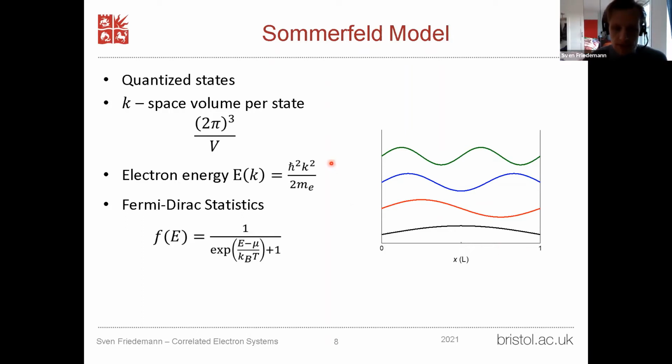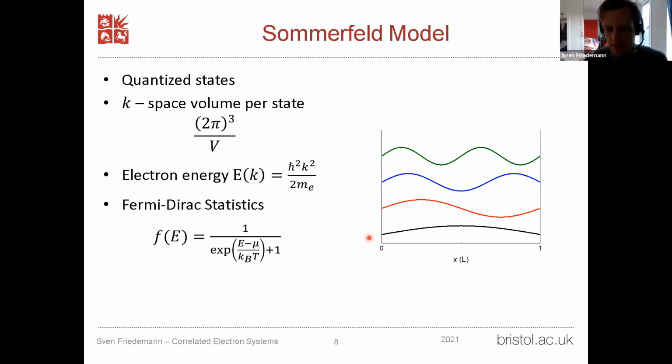The important bit is that we can now use this quantum mechanical expression of the momentum, h bar k, to replace the classical expression of the momentum p, and then we can use the same energy equation to compute the electronic energy for each of those states. Then we start filling in the lowest energy states, bearing in mind that these are electrons which have to obey the Pauli exclusion principle.